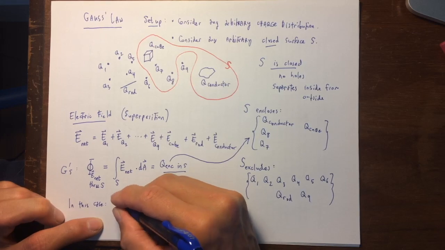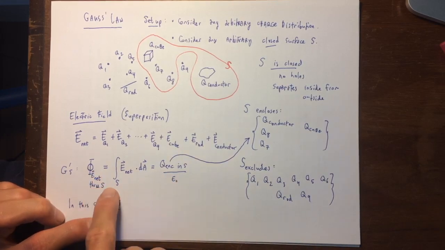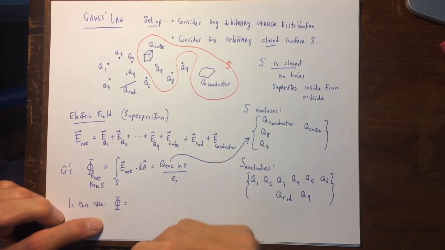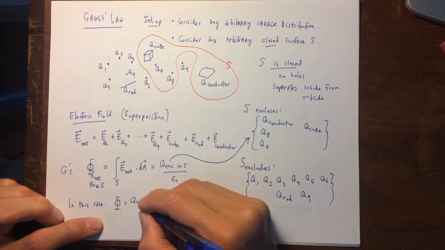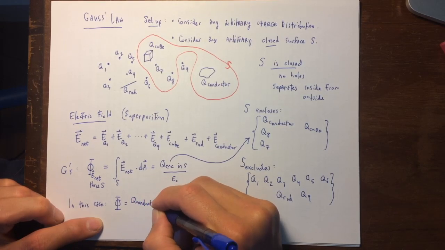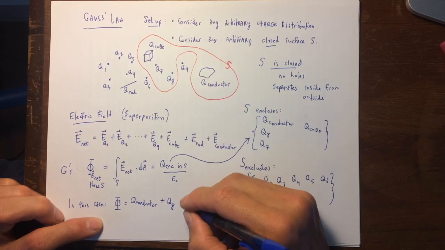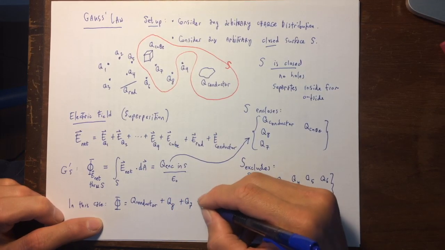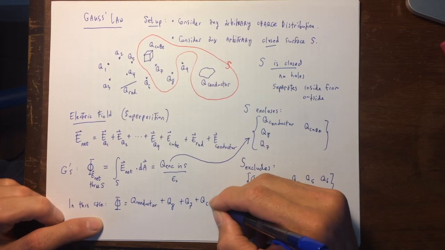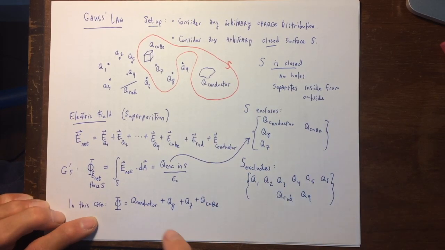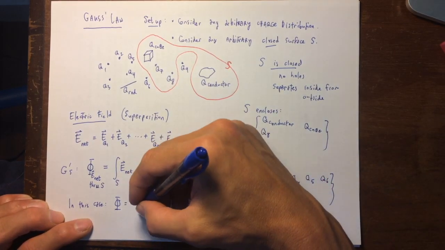The flux of the net electric field through our surface S will just be the charge on the conductor plus point charge 8 plus point charge 7 plus the charge on the cube, divided by epsilon 0.